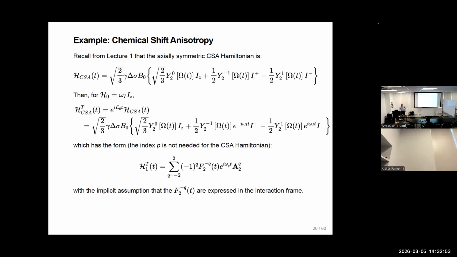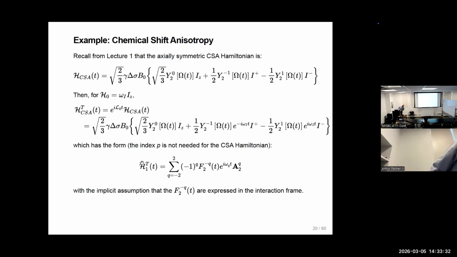You have to look back at the notes and remind yourself that when you rotate I plus around Z, it picks up a minus phase factor. And similarly, when I rotate I minus, it picks up a positive phase factor. And if I had 0 quantum frequency, 0 quantum operators, I plus S minus, I would pick up a phase factor that depended on the difference in the chemical shifts.